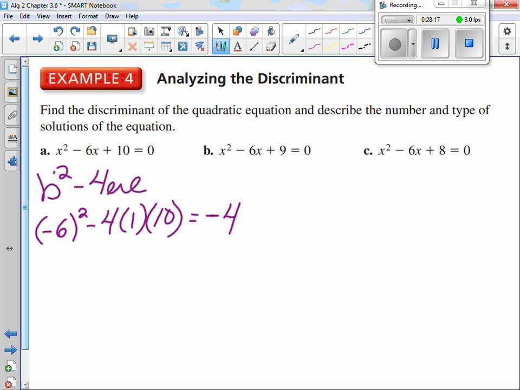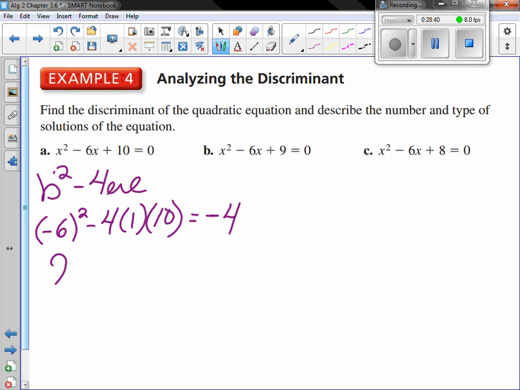Because 6 squared would be 36, and 4 times 1 times 10 is 40. So 36 minus 40 would be negative 4. So the discriminant here, b squared minus 4ac, that would be what? Less than 0, yes? So what are we going to have?